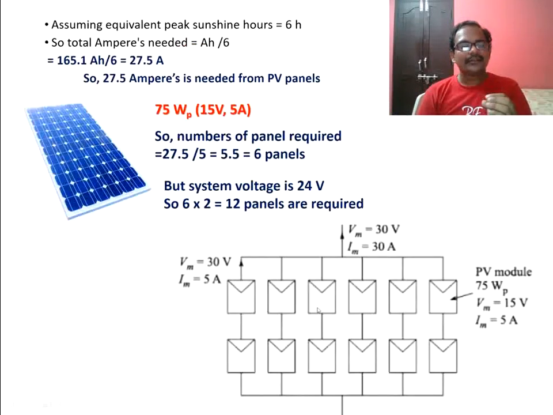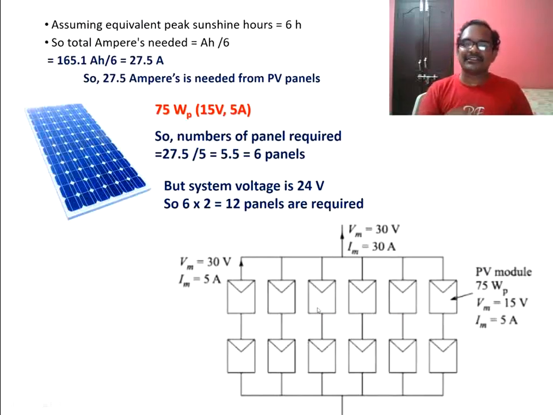Assuming we have 6 hours of sunshine per day, we can generate energy for 6 hours. We need to calculate the total current that will be generated by the solar panel: total ampere hours divided by total hours of sunshine.